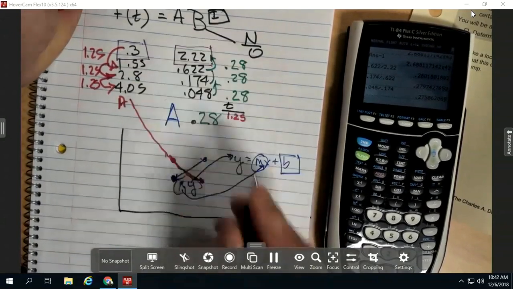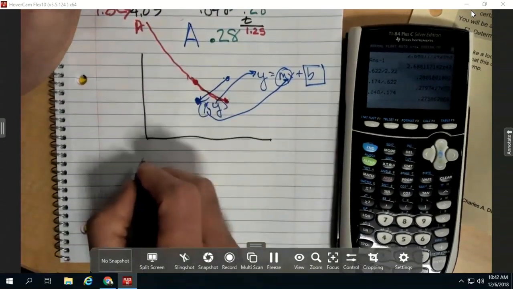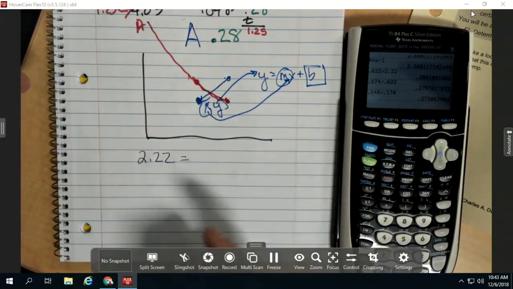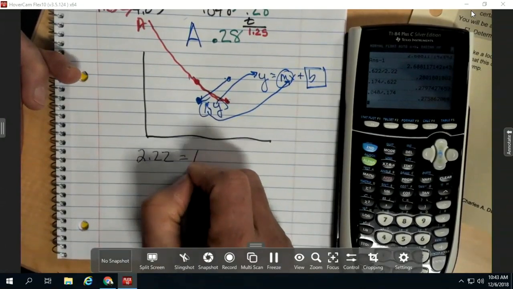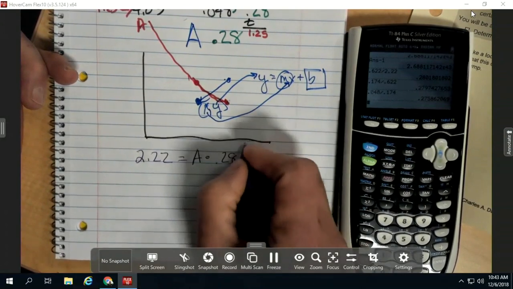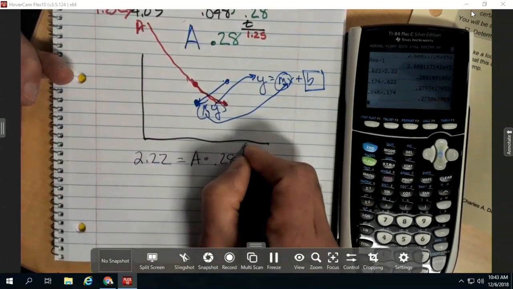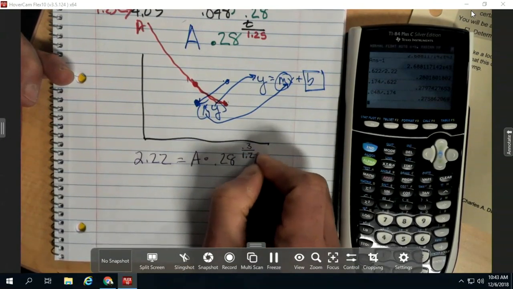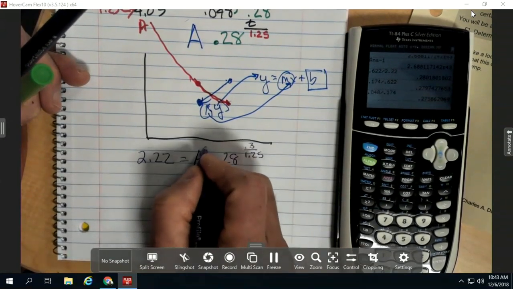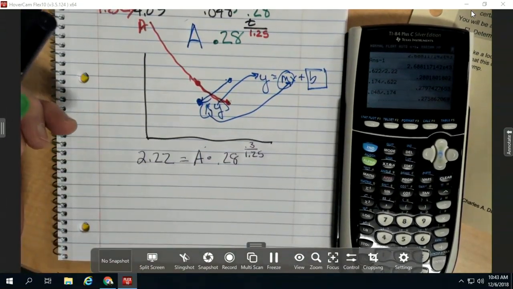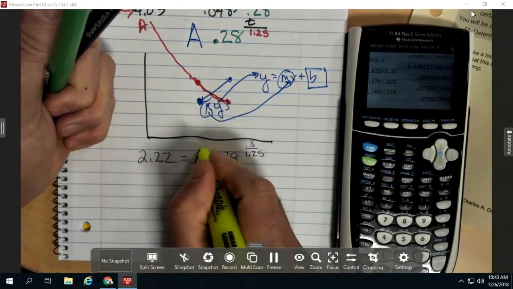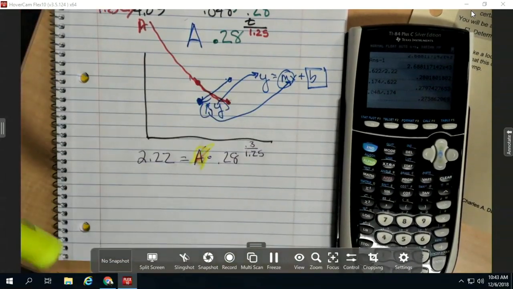Let's take this very first point. It tells us that our answer, 2.22, is equal to our a value, which we're looking for, times 0.28 to the 0.3 over 1.25. How do we get the a all alone?